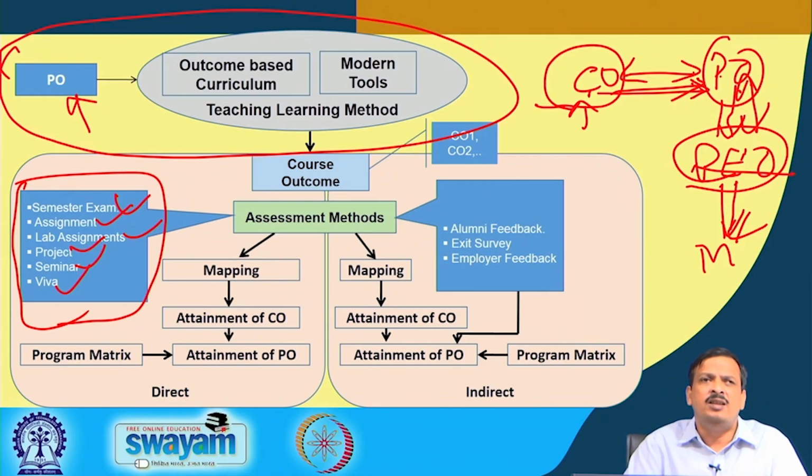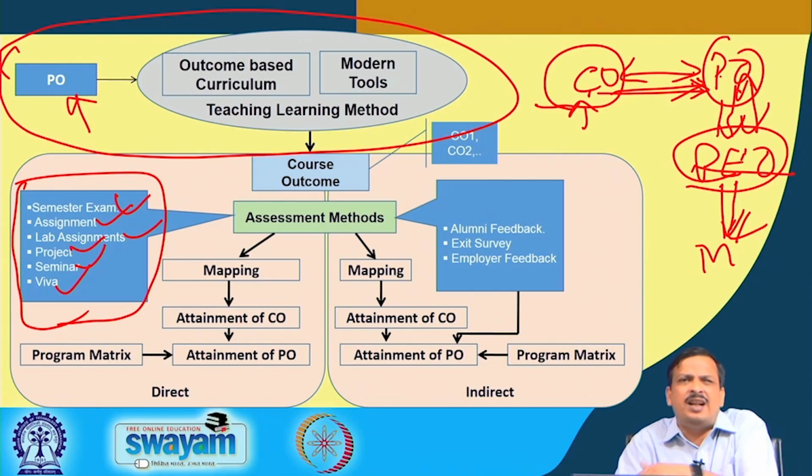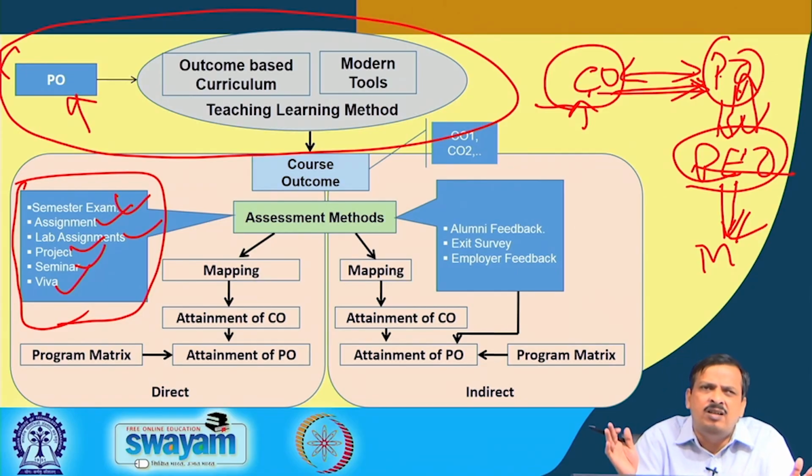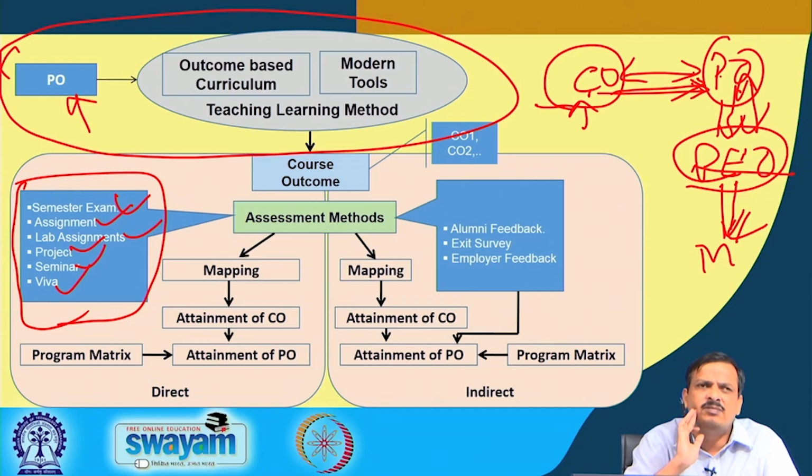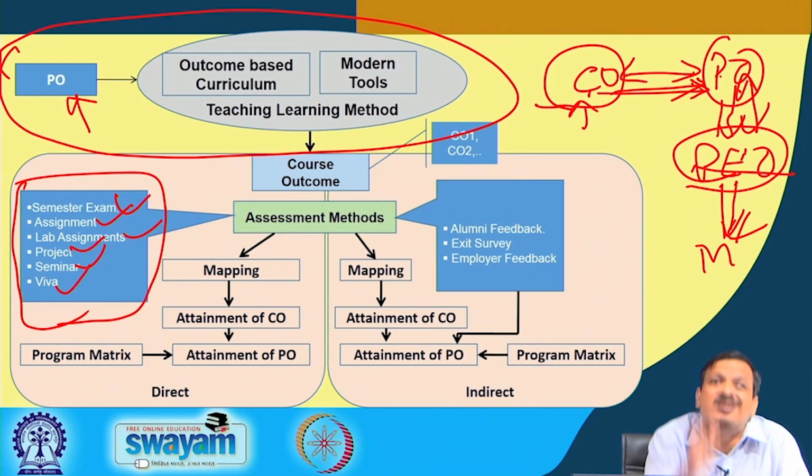So, assessments like semester, mid-sem, in-sem, internal, external do not matter. Those are open loop, there is no feedback. I do not immediately provide the feedback to the students. Those data will be used to quantify the students' attainment.